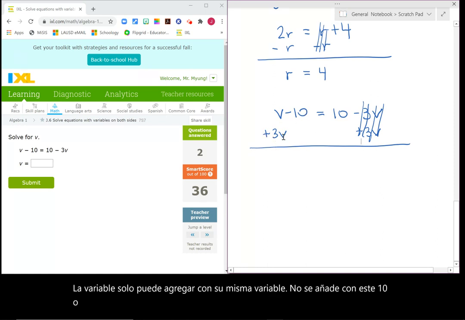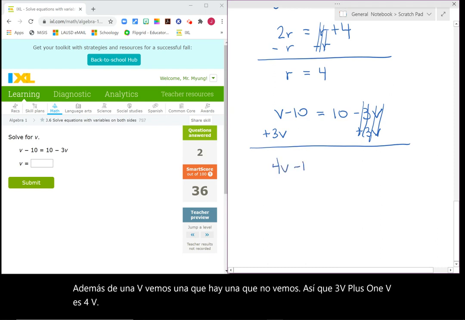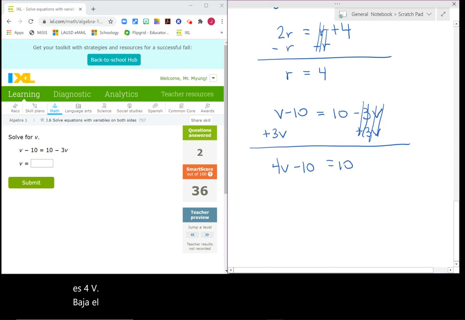So I have 3v plus 1v. We see there's a 1 that we don't see. So 3v plus 1v is 4v. Drop down the minus 10 equals 10. Now we're back to what we did in the previous lesson.